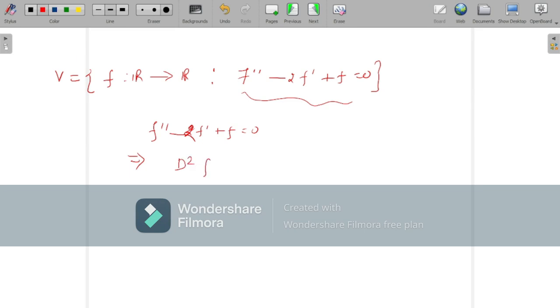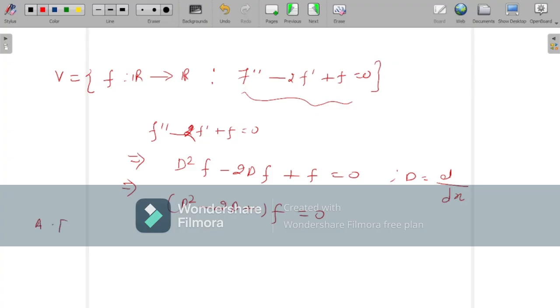D square f minus 2D f plus f equal to 0, where D is d/dx, a differential operator. So D square minus 2D plus 1.